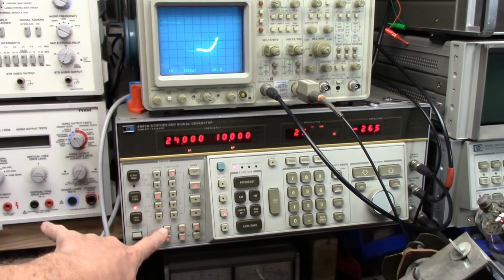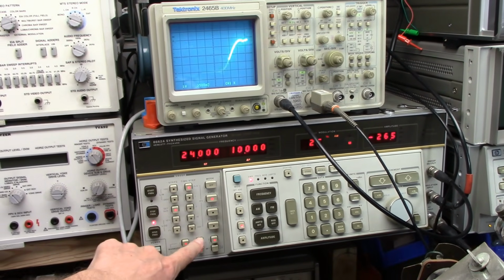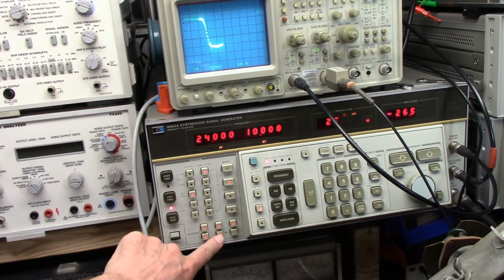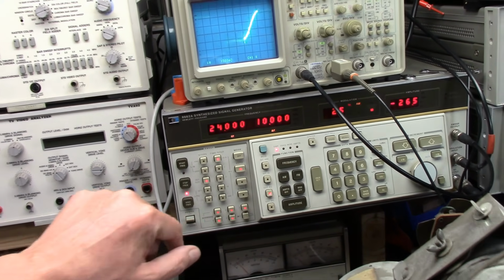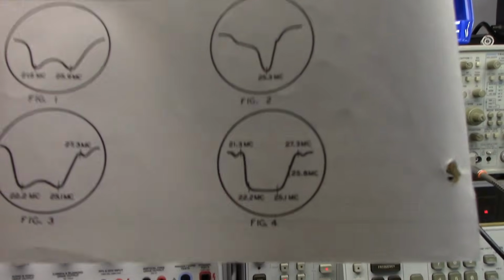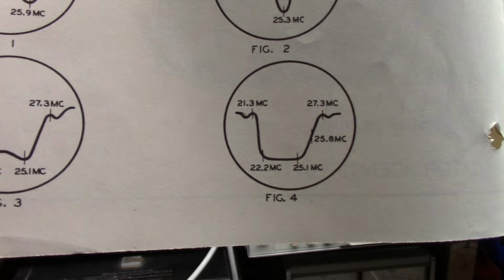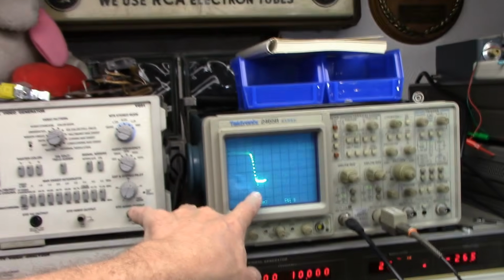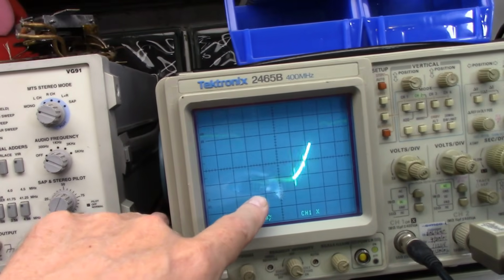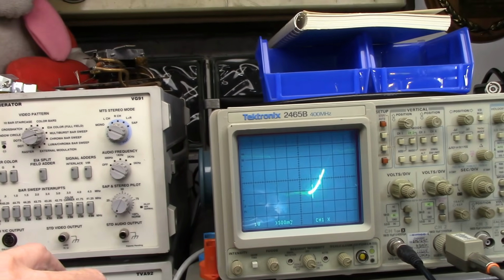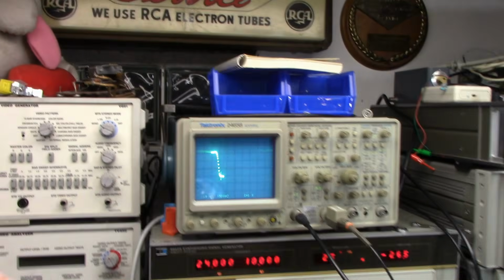I have 5 markers programmed in at the 5 frequencies shown on the diagram, and it's pretty darn close. The goal is to get it as flat a response as we can between 22.2 and 25.1, which are these 2 markers there and there, and there's a slight dip in the middle, but that's pretty darn good, I think.